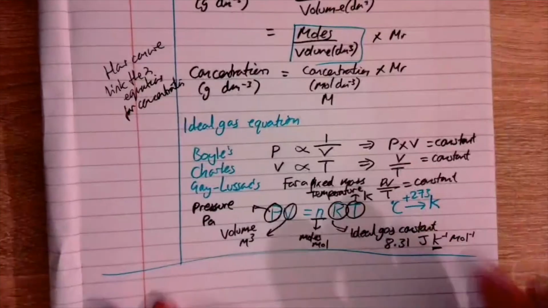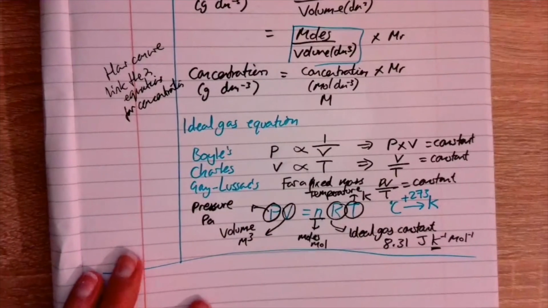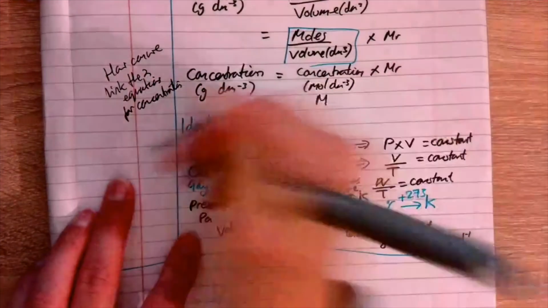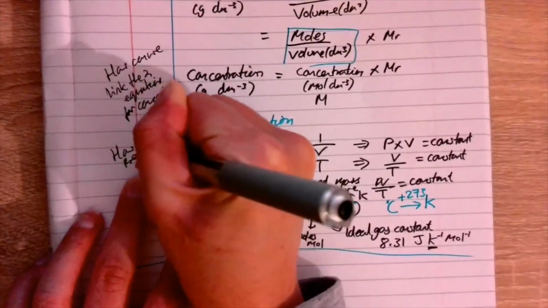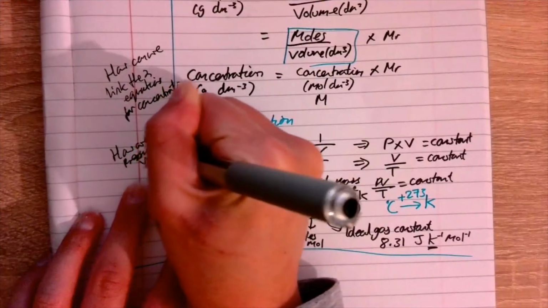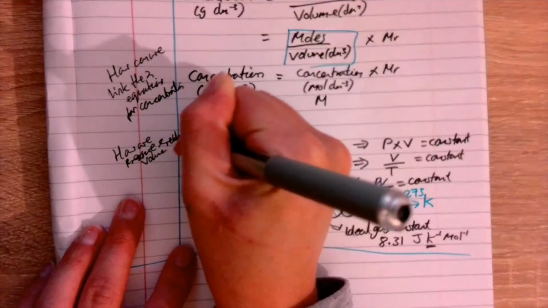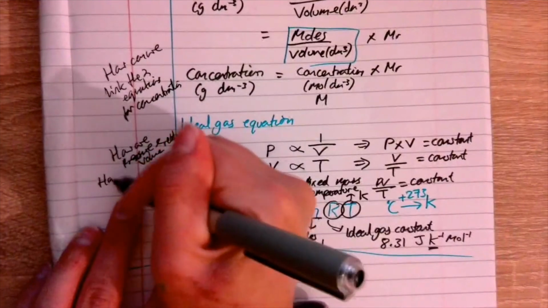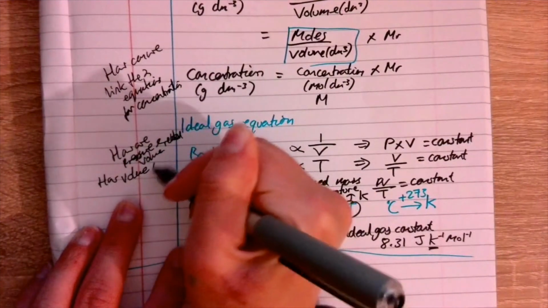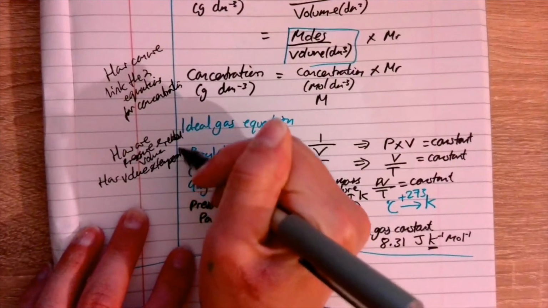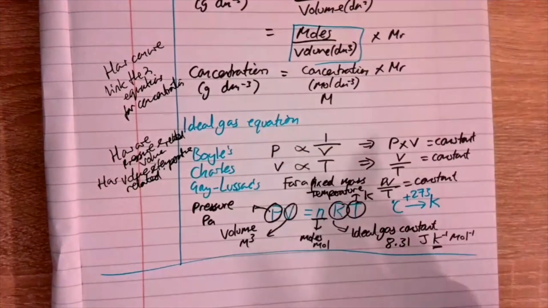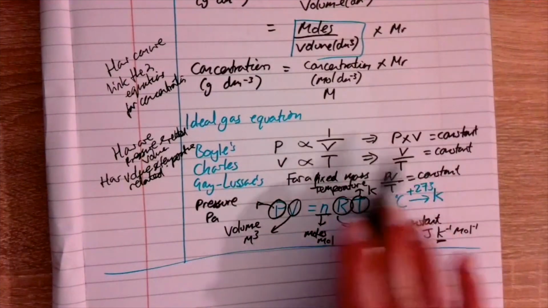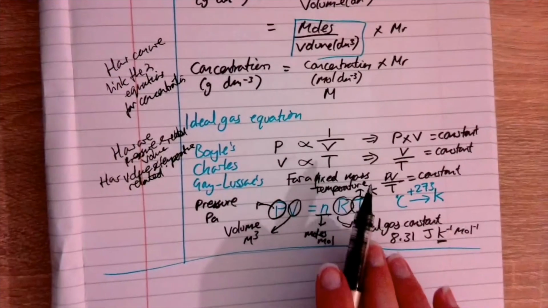And then finally we looked at how are pressure and volume related. We looked at how volume and temperature are related, and we looked at how they can tie those two laws together.